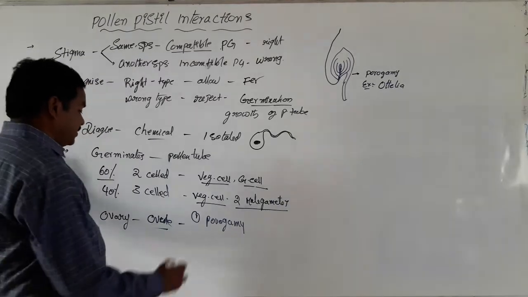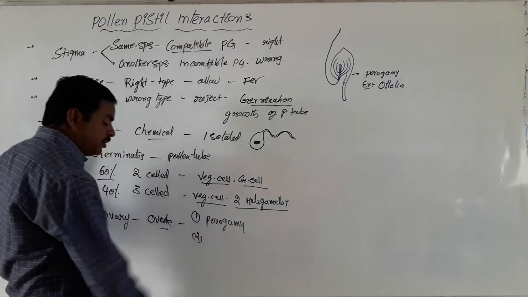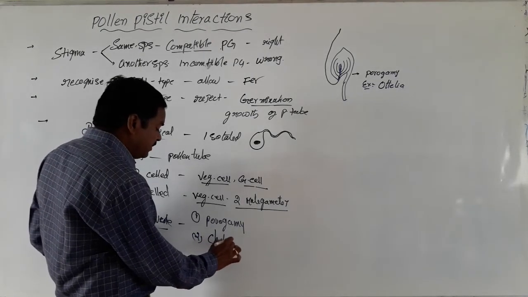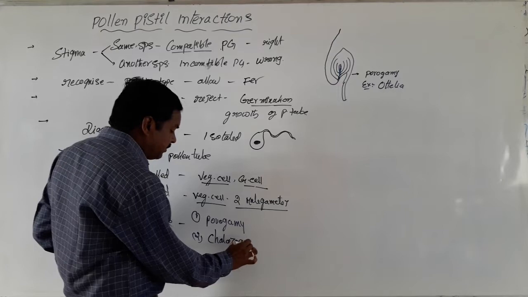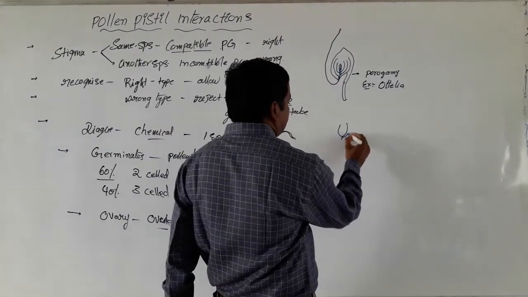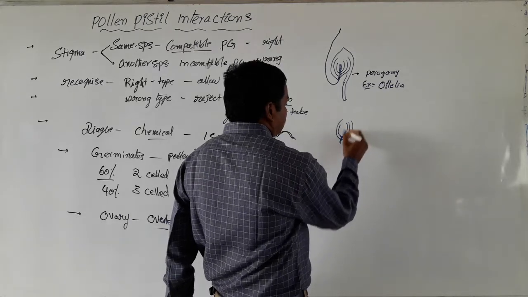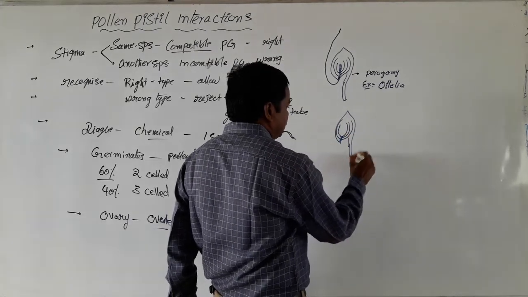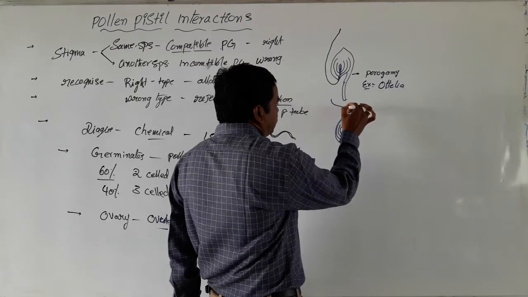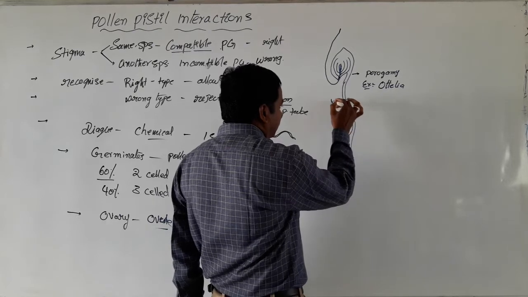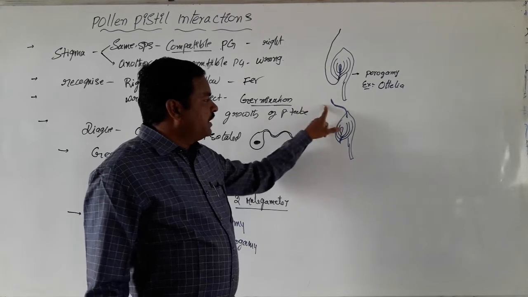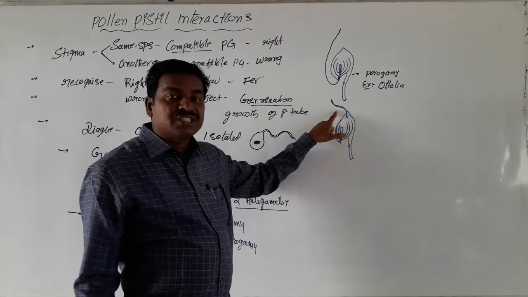But in some members, the second way of entry of the pollen tube into the ovule is called chalazogamy. Here, for example, this is the ovule. The pollen tube enters into the ovule directly through the chalaza.